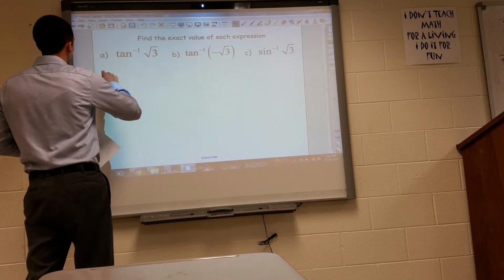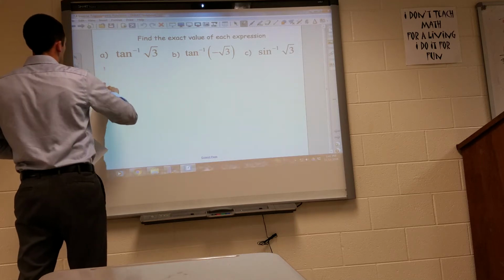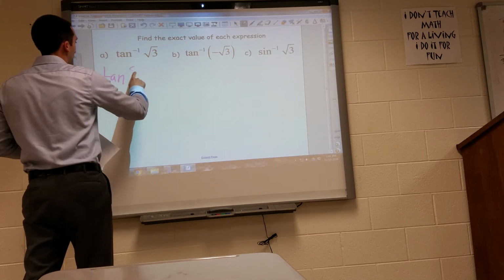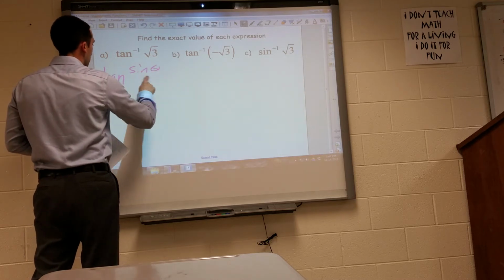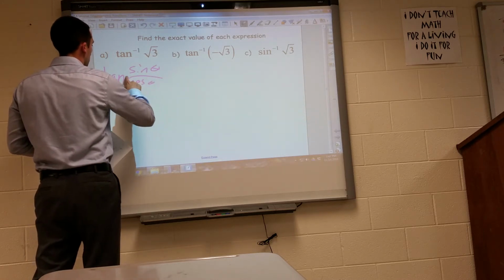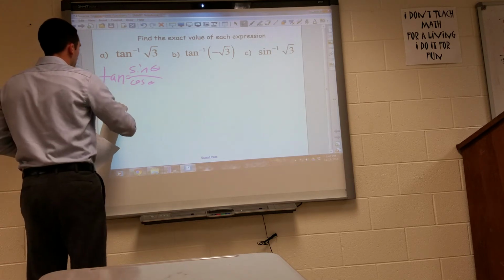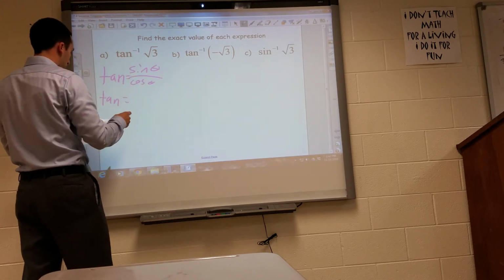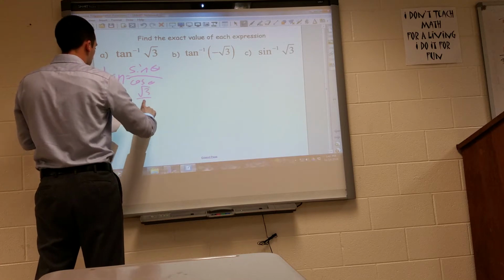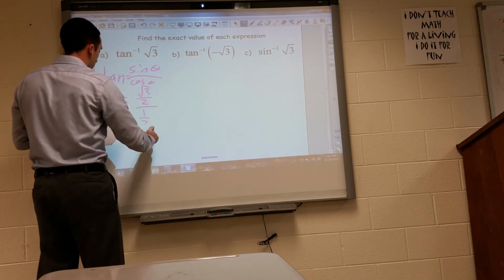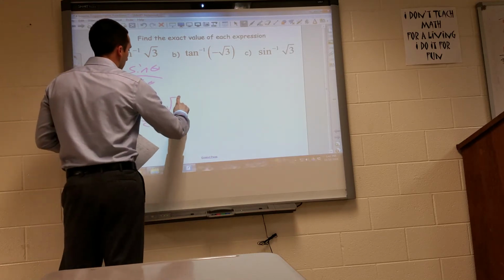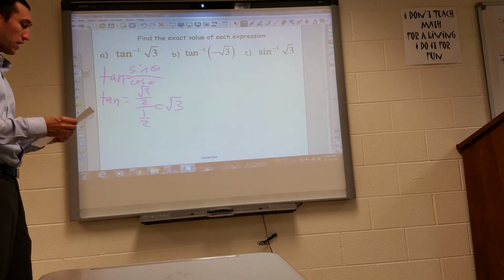we know that tangent is sine over cosine. Okay, and the values that will simplify to radical 3 is radical 3 over 2 divided by 1/2. And that gives me a radical 3 if you flip and multiply.